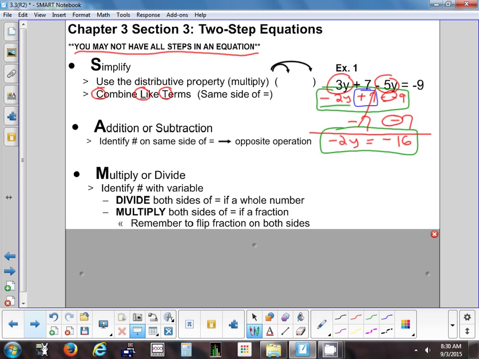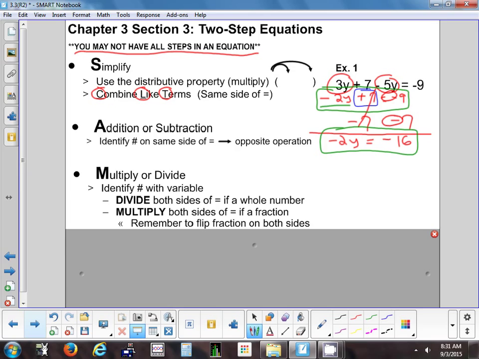Multiply or divide: we're going to identify the number with the variable. We will divide both sides if it's a whole number attached to the variable. If there's a whole number attached, we will divide. If it's a fraction, we'll multiply both sides. Like I said, remember to flip the fraction on both sides. If you're going to multiply, if it's a fraction, make sure you flip it.